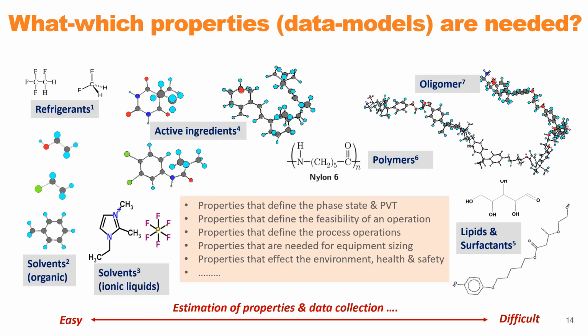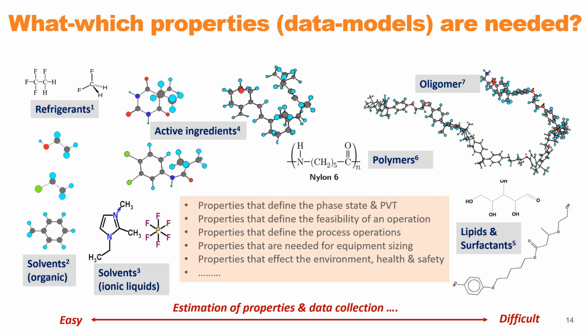Properties that define the process operation, what is the effect of temperature on the vapor pressure? Properties that are needed for equipment sizing, for example, what is the density, so that we can calculate the volume of the tank. And finally, properties that affect environmental health, safety, all those properties. And there can be many more.